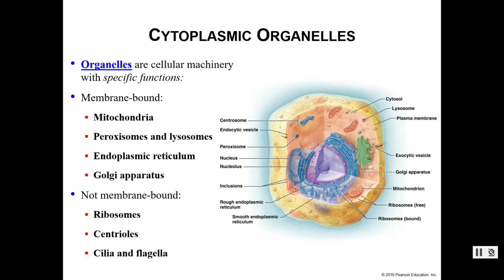You've got your mitochondria, your peroxisomes, your lysosomes, your endoplasmic reticulum, or your ER, and your Golgi apparatus. All of those have an additional membrane. Now, your ribosomes, your centrioles, cilia, flagella, those remaining organelles do not have an extra membrane surrounding them.